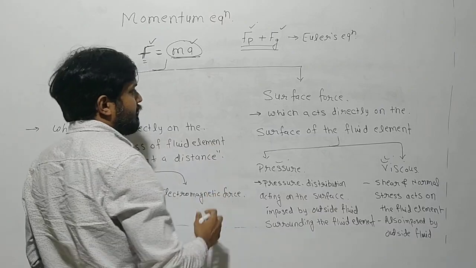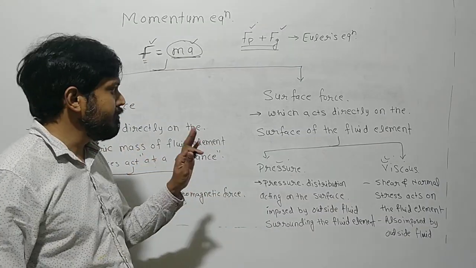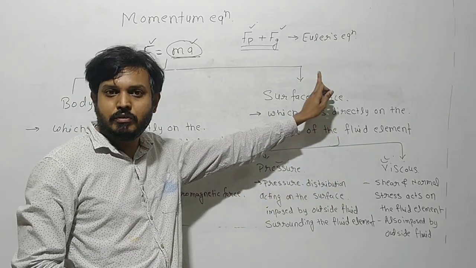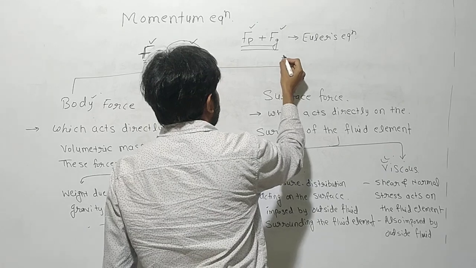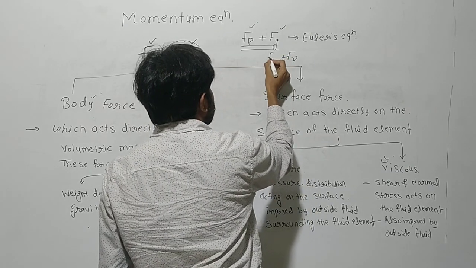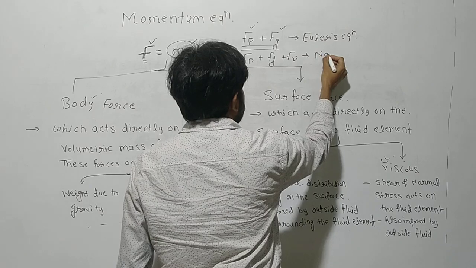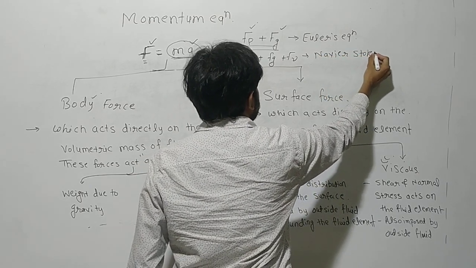We restricted our constraint to body force and pressure force only. But if we add one more force, viscous force, it will be our Navier-Stokes equation.